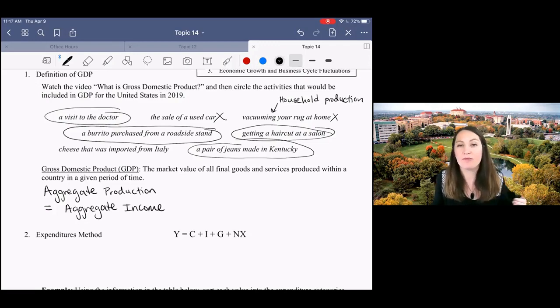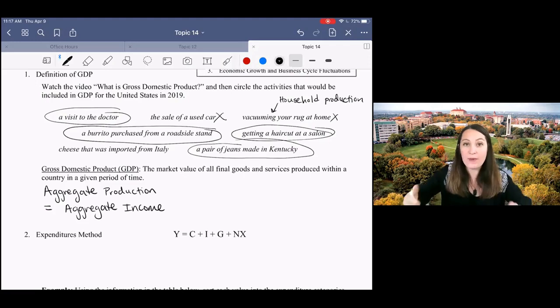When we have a lot of production, we're producing a lot of stuff, that stuff has value, people are going to sell that stuff, and in the aggregate, total expenditures is equal to total income. So everything that's being sold has a buyer and a seller.